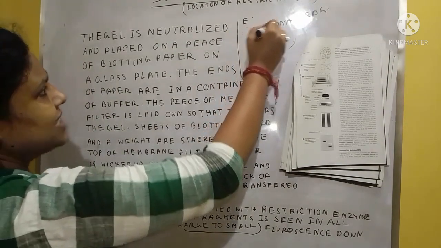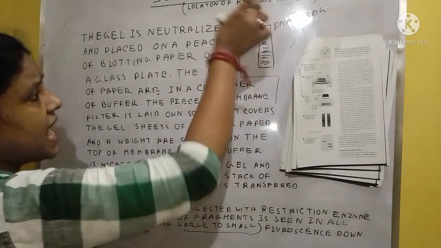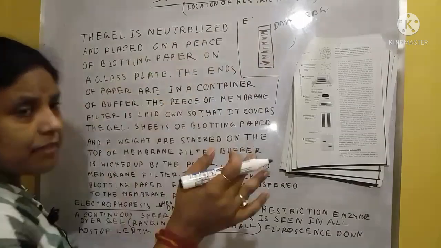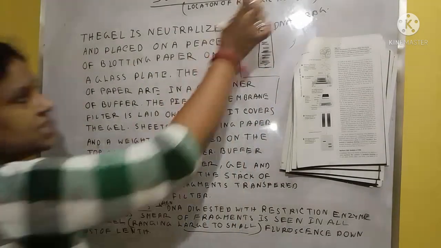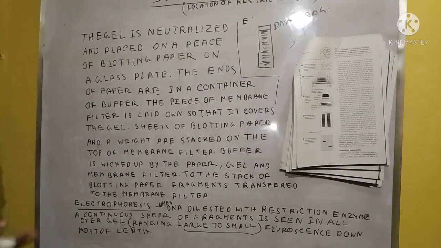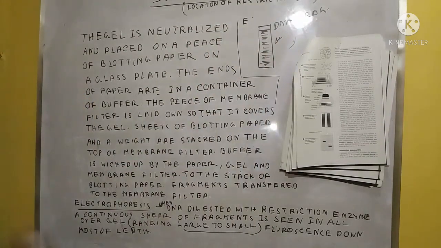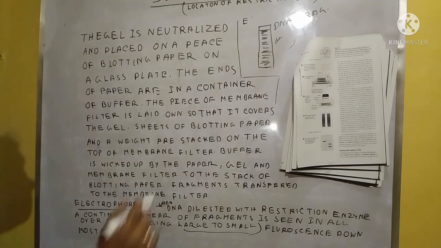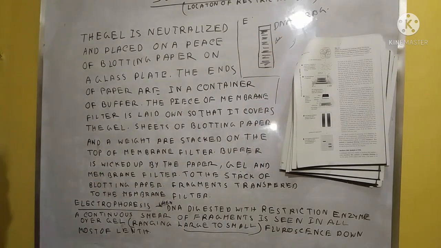The large, lengthy fragments remain in the upper side, and the small fragments of DNA remain in the lower portion. In this way, we can see a smear of the fragments in the gel. So this is the process of gel electrophoresis, where we get the gel with the DNA fragments with different restriction sites. Clear?